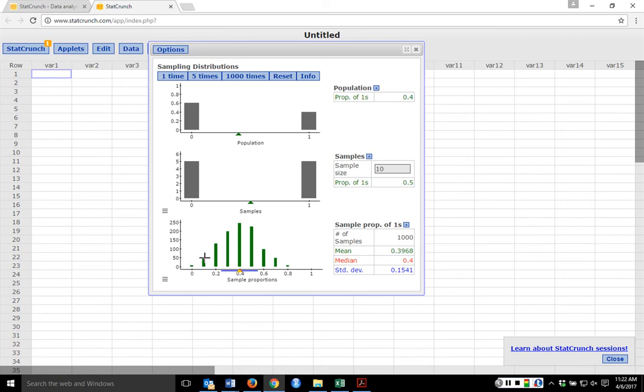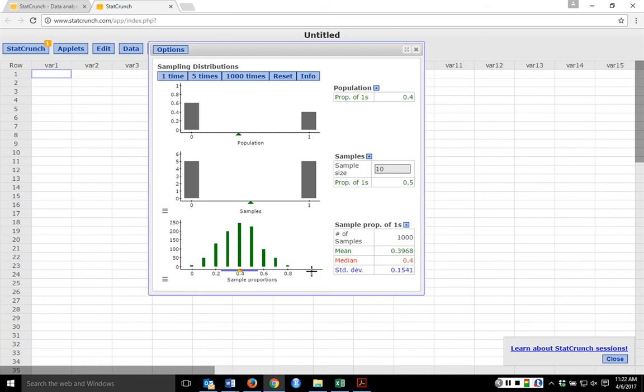I got 10% black beads sometimes, 20% black beads sometimes, 30%, 40% the most often, which sort of makes sense because it is 40% black beads. Got 50% quite often, 60% not quite as often, 70% sometimes, 80%, a couple, but I never got 90% or 100%.